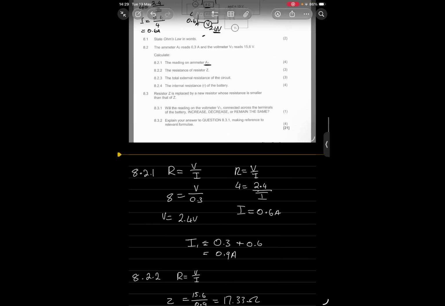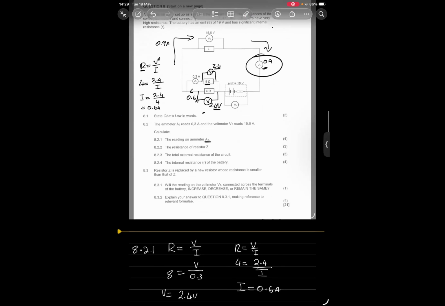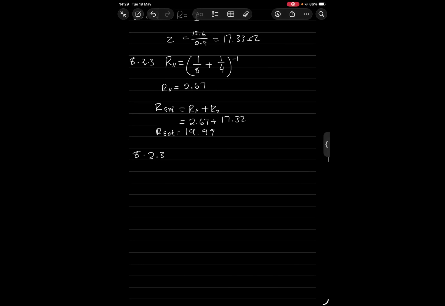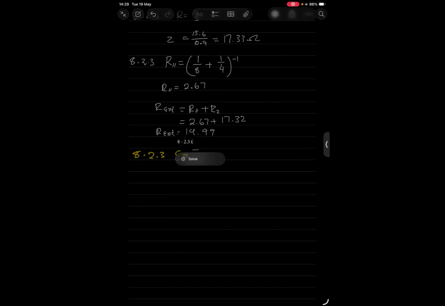You started by calculating EMF, right? I mean potential difference. EMF is equal to the total current times R external plus r.